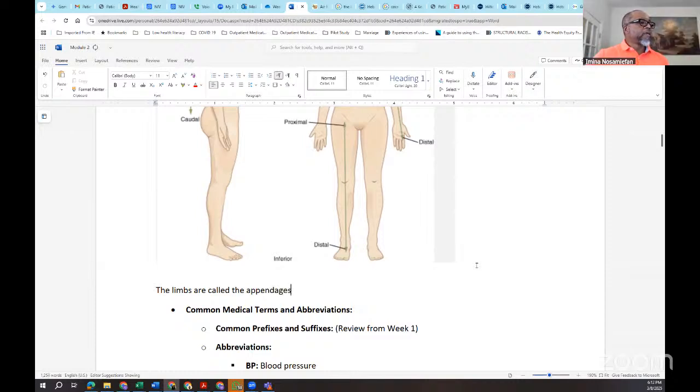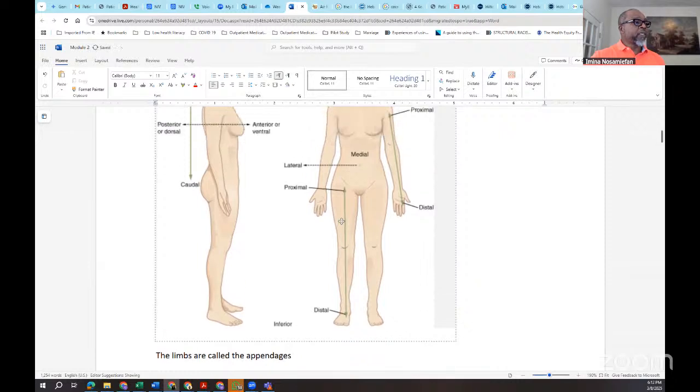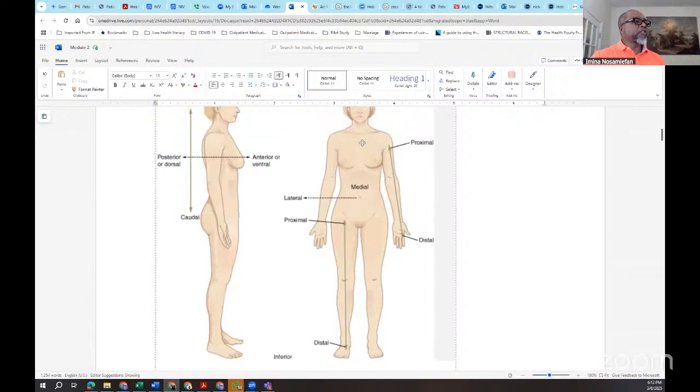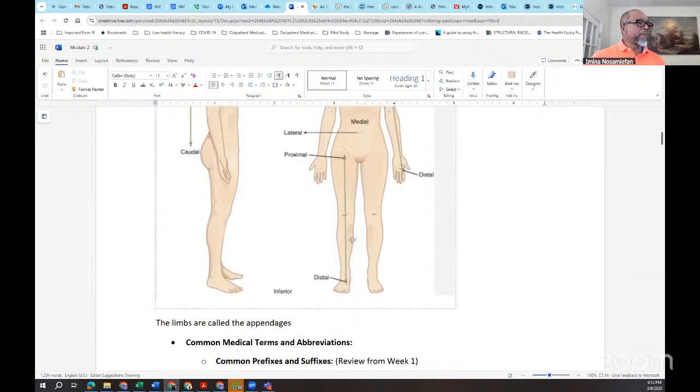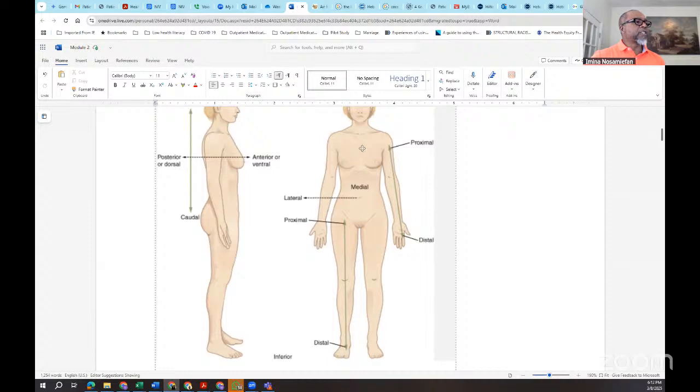And when you talk about the appendages, this is the trunk, or the axis. And then there are 4 appendages: 1, 2, 3, 4.